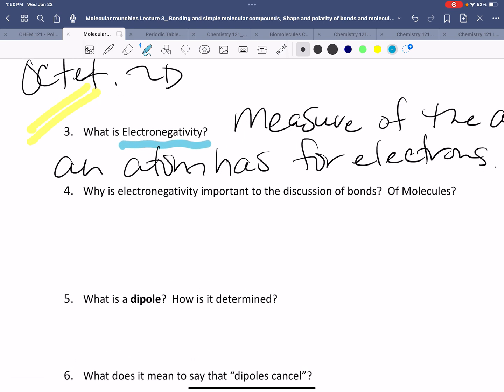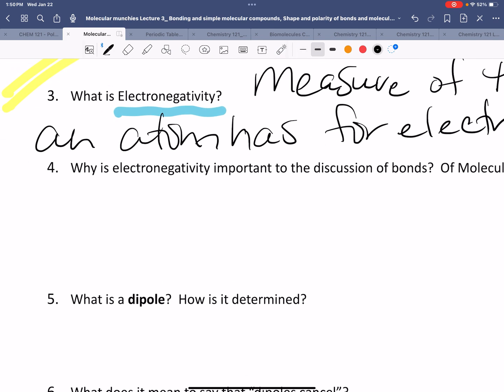Well, it turns out that this unequal sharing of electrons leads us to polar bonds, and it can lead us to this idea of a dipole. So let's chit-chat about a compound called CH4. This is methane, CH4.